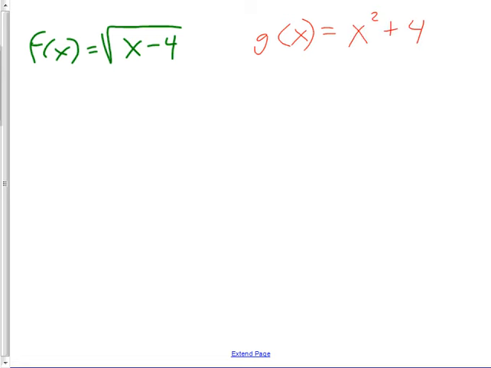I want you to tell me if they're really inverses or not. Just feeling like they're inverses is not good enough. You have to have shown that f of g of x is equal to g of f of x. Hopefully you already wrote that.